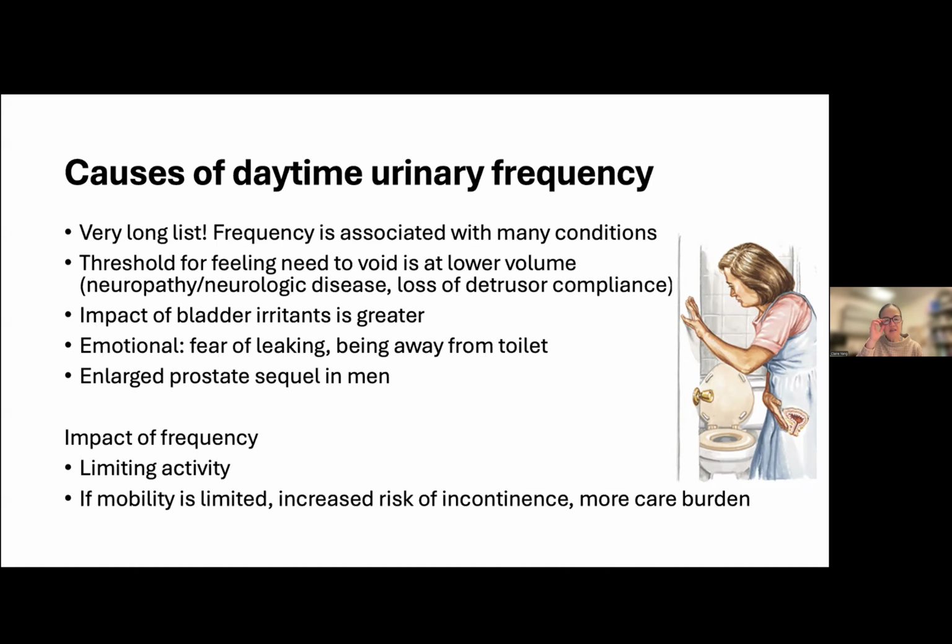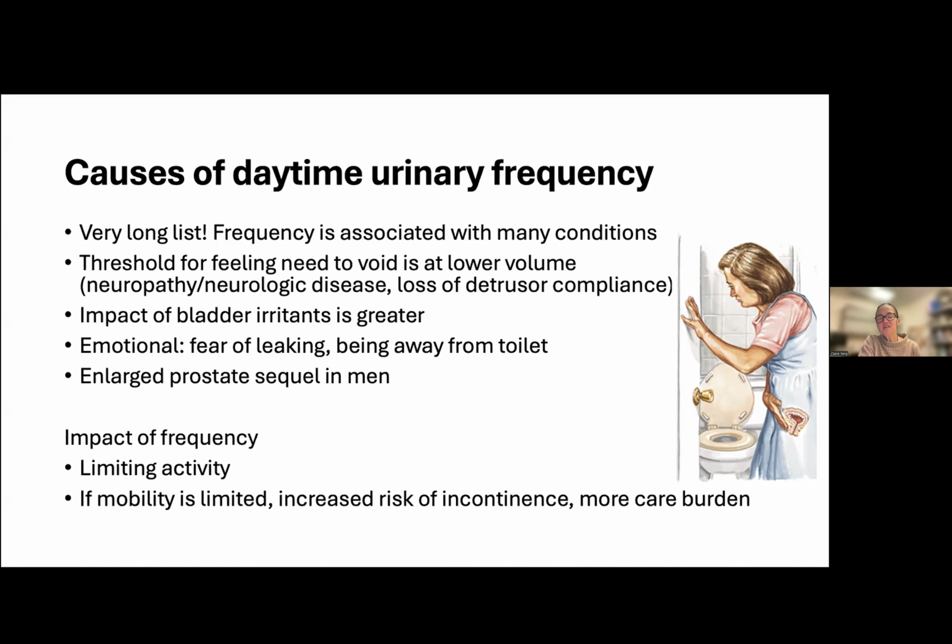And in men, as they get older, BPH frequently is associated with urinary frequency. And the impact of frequency can limit activity. And if mobility is limited, the frequent desire to void increases the risk of incontinence and creates more of a care burden.